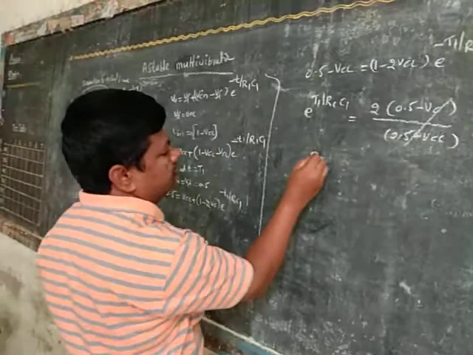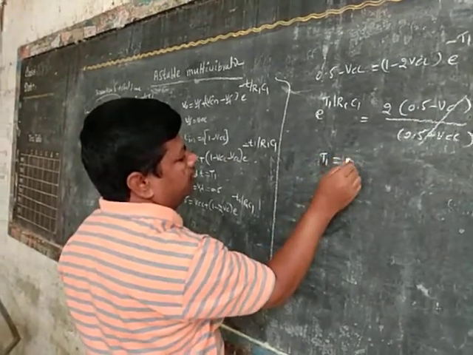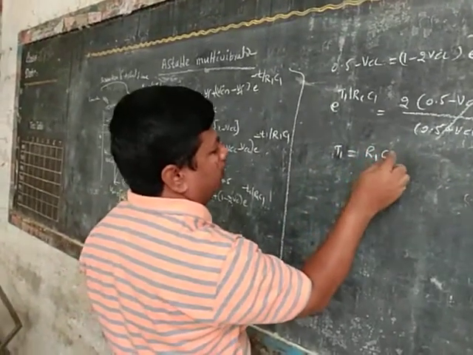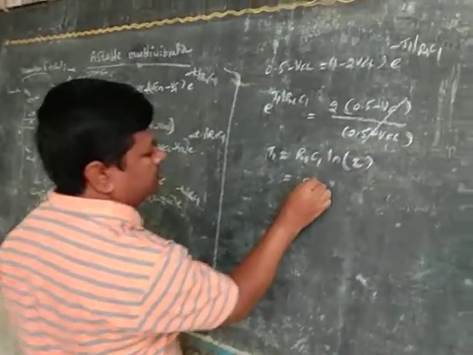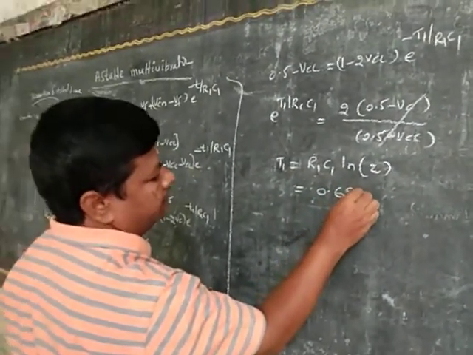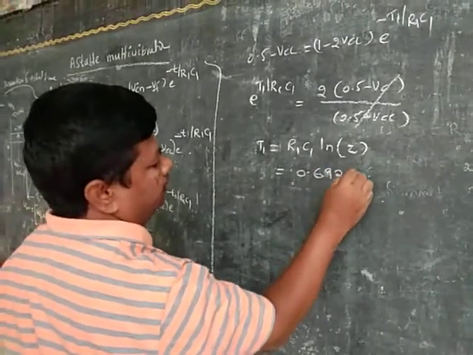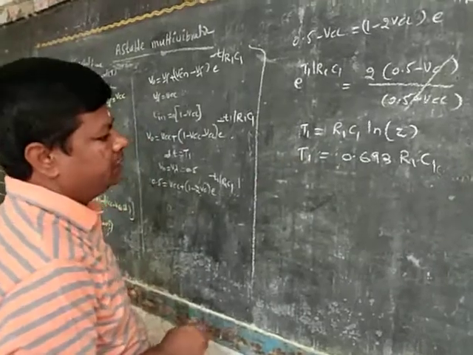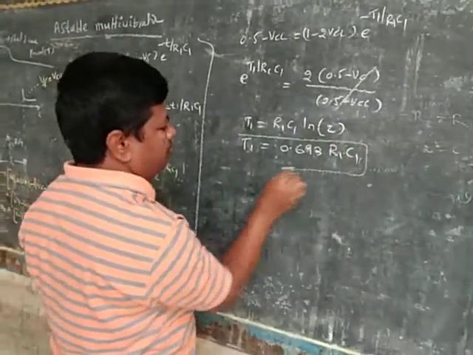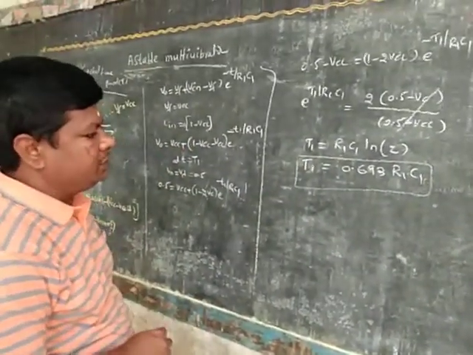These two get cancelled, and finally T1 is equal to R1 C1 ln 2, that is equal to 0.693 R1 C1. So T1 is equal to 0.693 R1 C1.